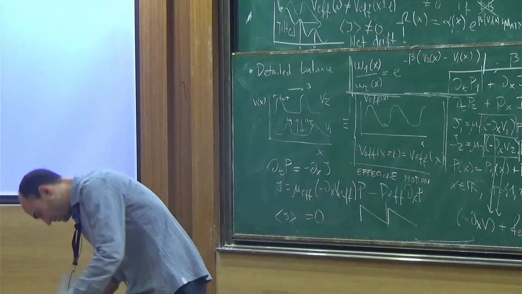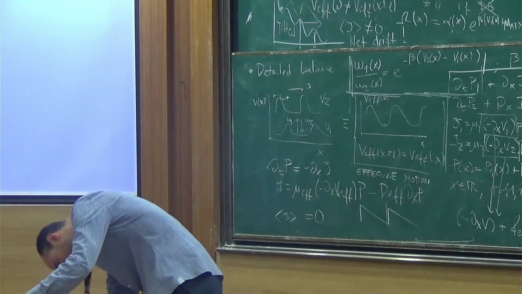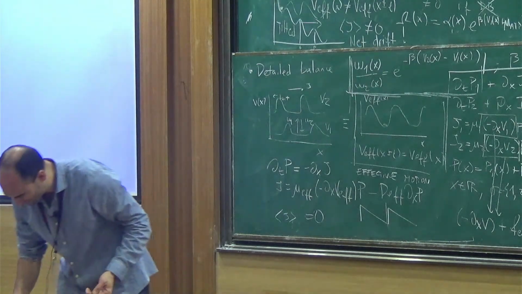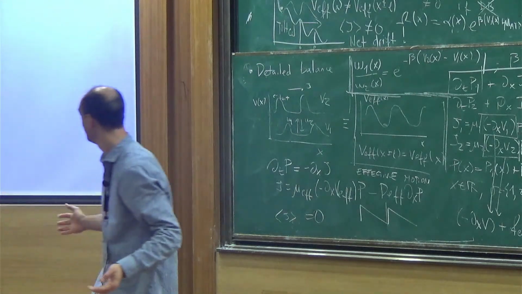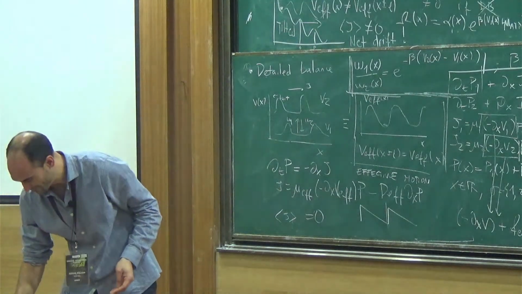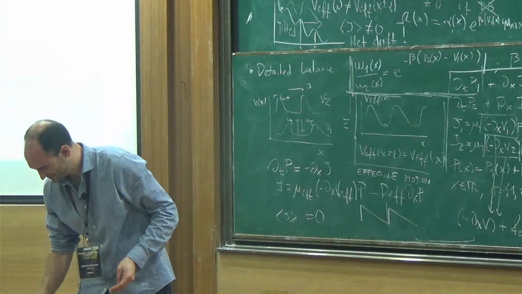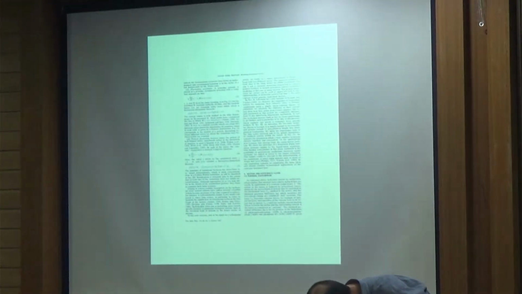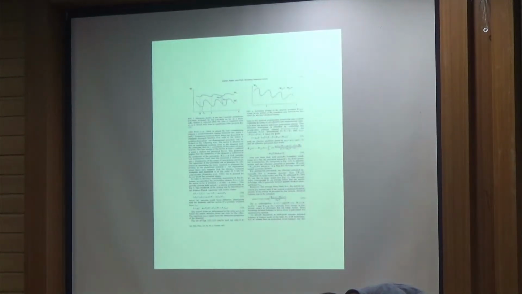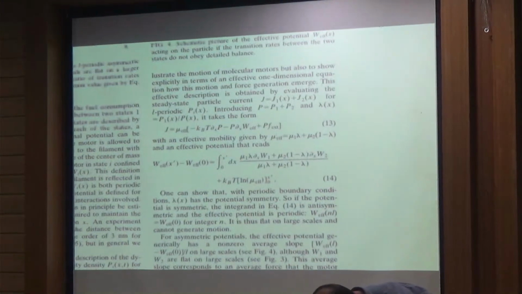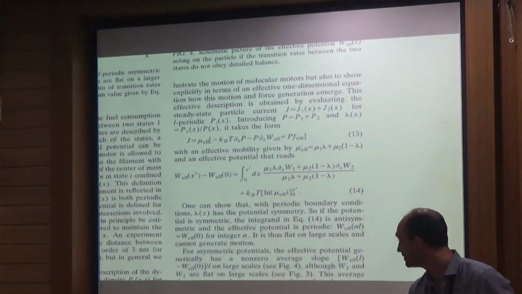If you are very curious, you can just go to the review and check. You can go to the review, and at some point this is explained. This is the formula for the effective potential.